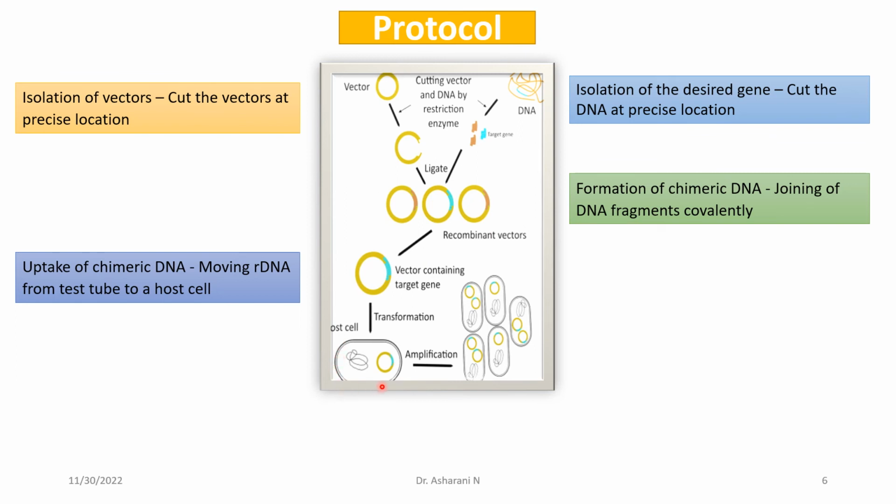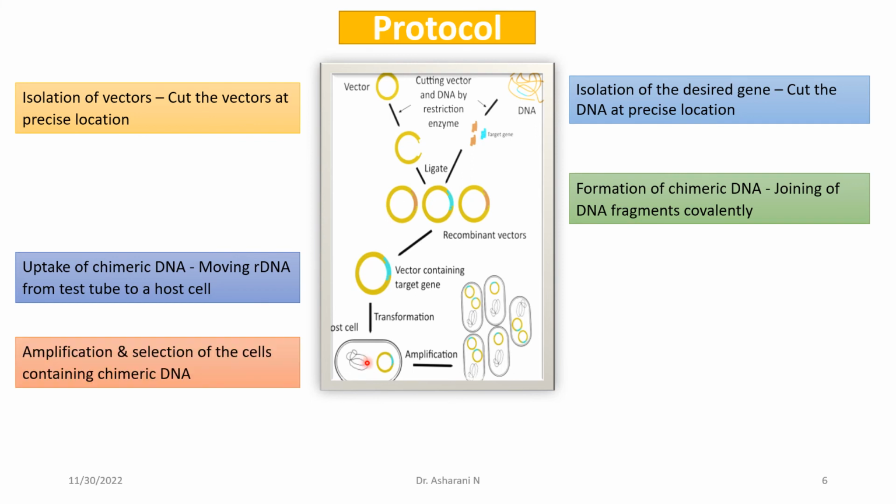There are many processes which help in moving this vector containing the target gene into the host cell. After introduction into the host cell, there will be amplification, that is, cloning will happen, and multiple copies of the same DNA are formed.